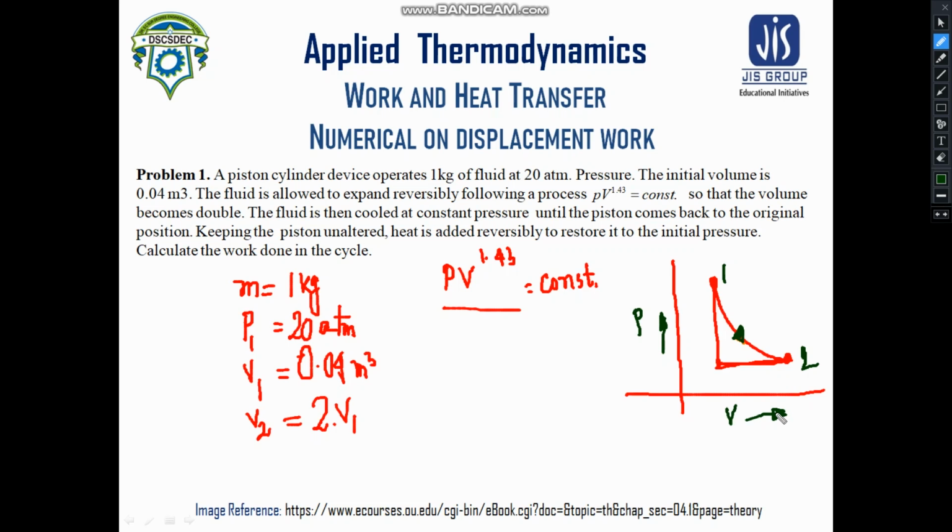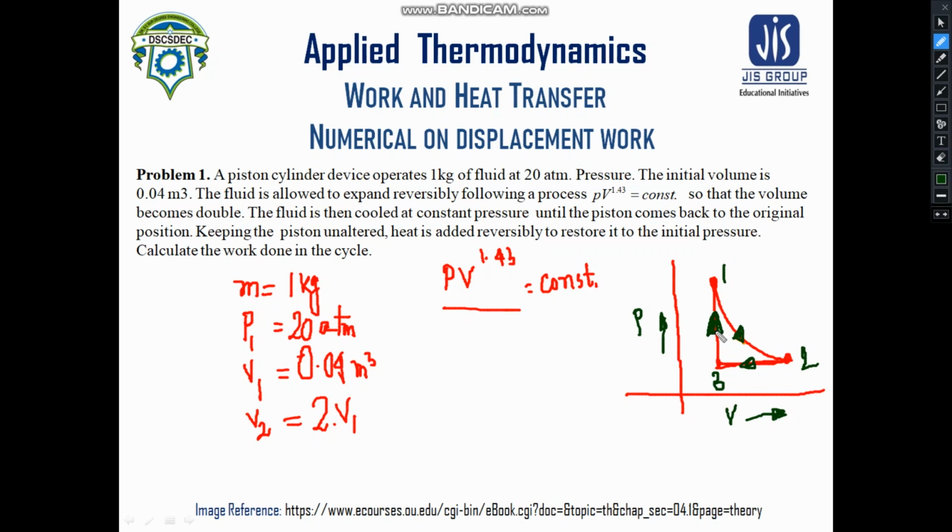The fluid is cooled at constant pressure. So that means from this state 2 the fluid comes to the state 3, and then afterwards heat is added reversibly. You will not see the word reversibly in the plot, but you can understand that heat has been added.